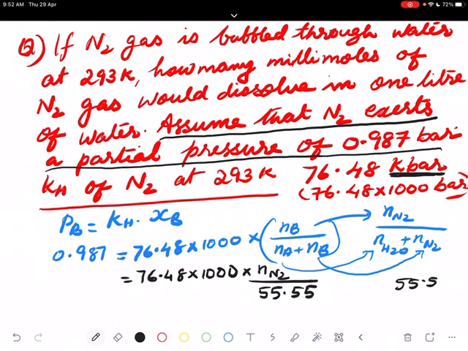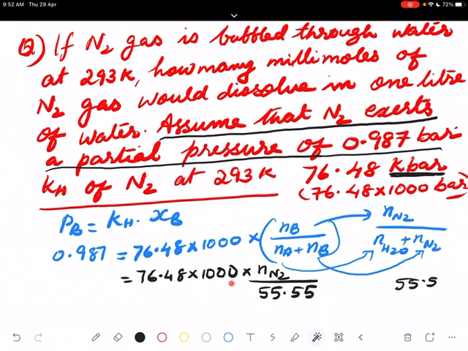So NN2, the number of moles of N2, is equal to 0.987 into 55.55 upon 76.48 into 1000.